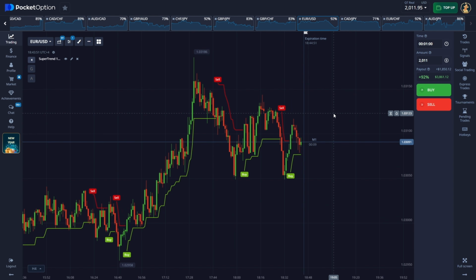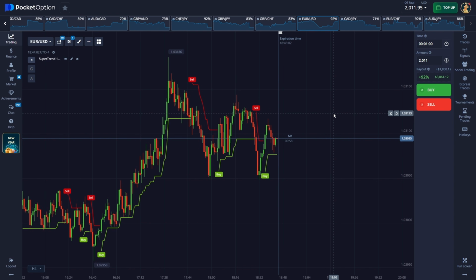On EURUSD, we have a signal for an upside move. The candle has already turned into a green candle, but let's see.